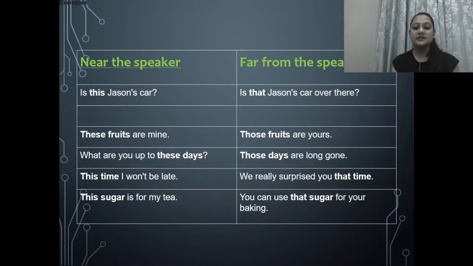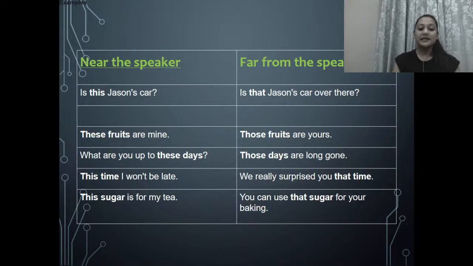Now, here are certain examples of what we call near to the speaker and far from the speaker. Is this Jason's car? That means you are standing next to Jason's car, and you are asking somebody, is this Jason's car?